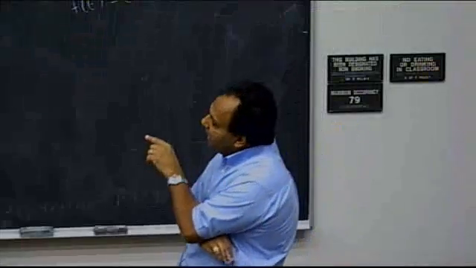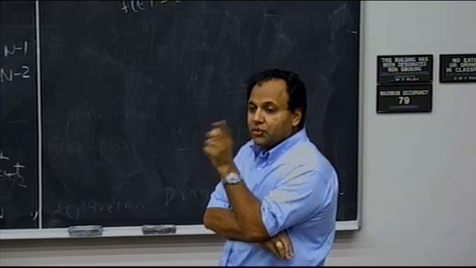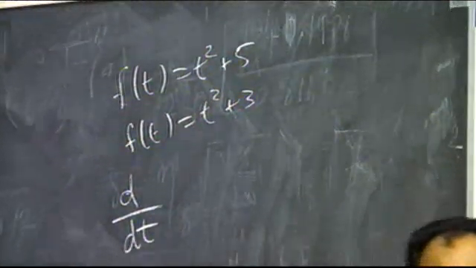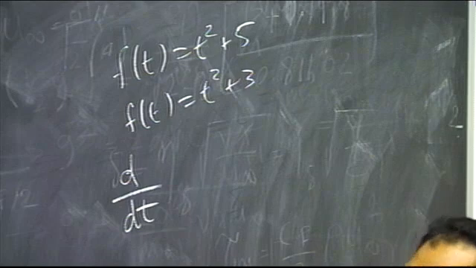So what does this tell you about derivatives? What's true about the derivative operator? If I take the operator d by dt, you don't think of it this way. What is true about the operator d by dt? You just told me that matrix D is singular. What's true about this operator?